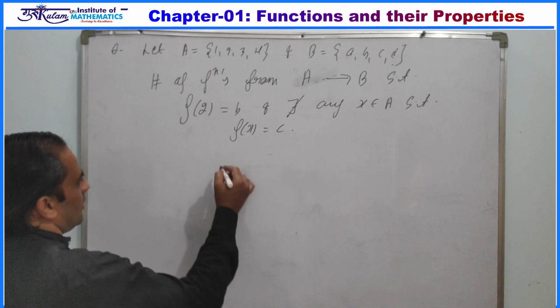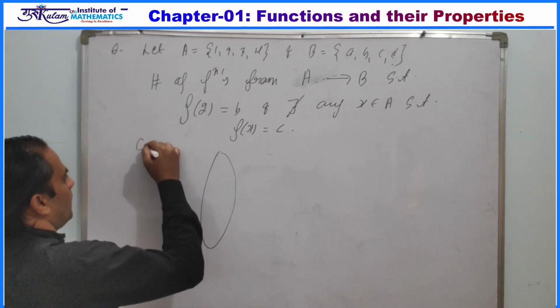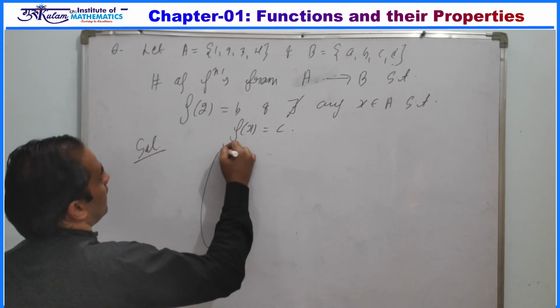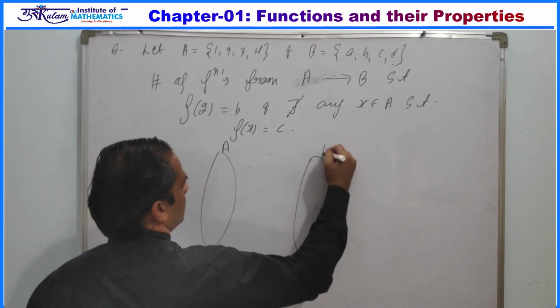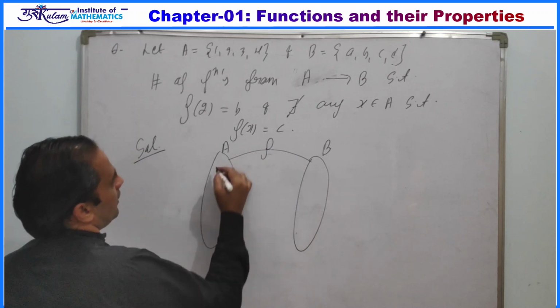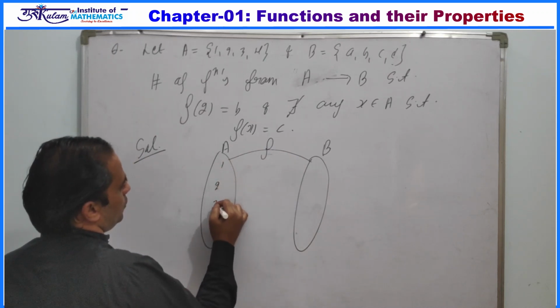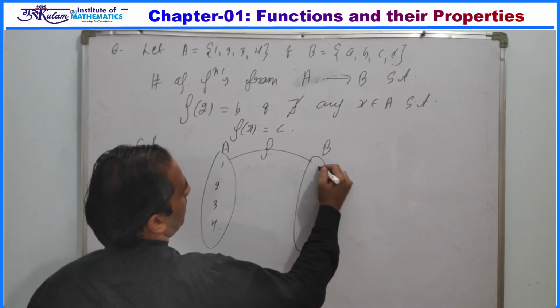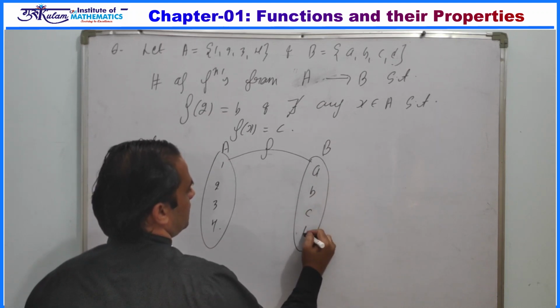So basically we have the A set, the B set, and we have to define a function f. A has 4 elements 1, 2, 3, 4 and B has 4 elements a, b, c, d.